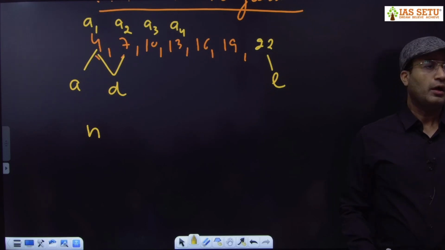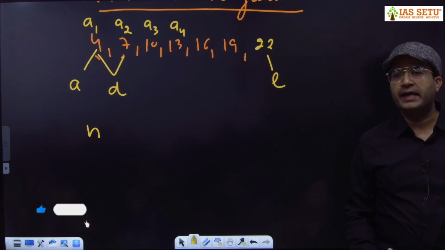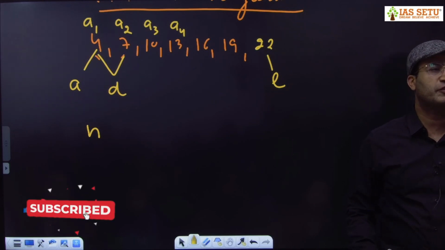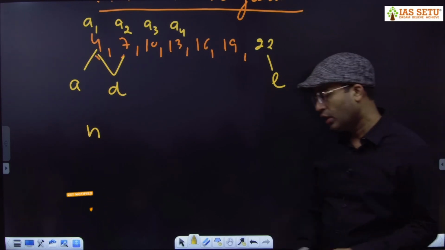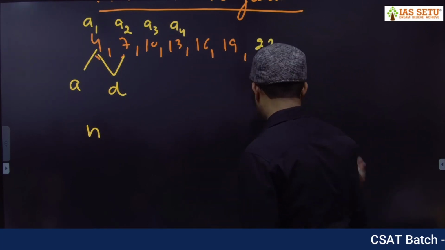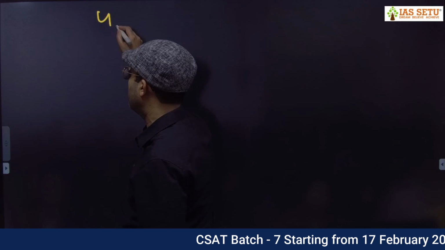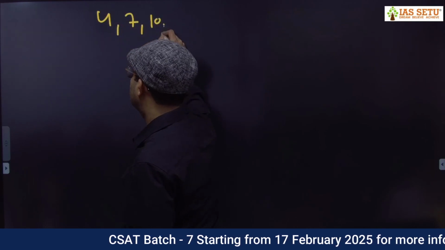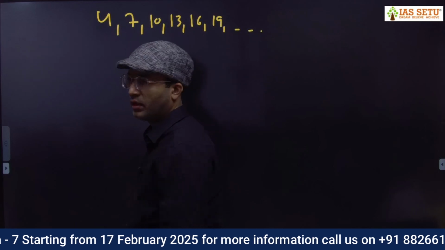Now we have three formulas. I will tell you the derivation of these formulas also, so that we have better conceptual clarity on this topic. Let us make some observations with this example: 4, 7, 10, 13, 16, 19 and so on.